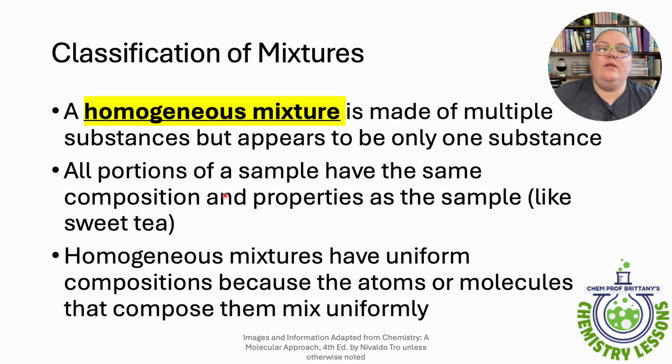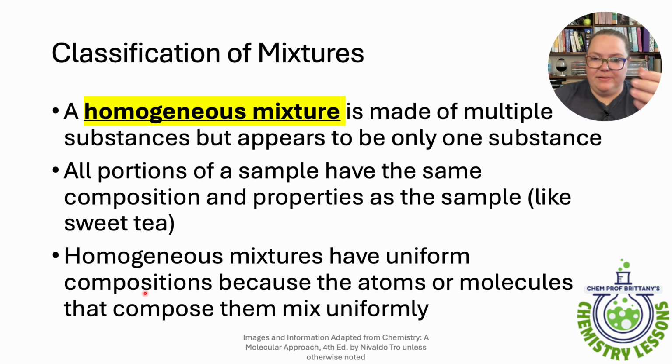So because it all looks the same, we call it homogeneous because it is the same composition all the way throughout. Uniform composition. And this is because the atoms or molecules that compose them mix uniformly. Whereas if you think back to the sand and water mixture, those things do not mix uniformly.